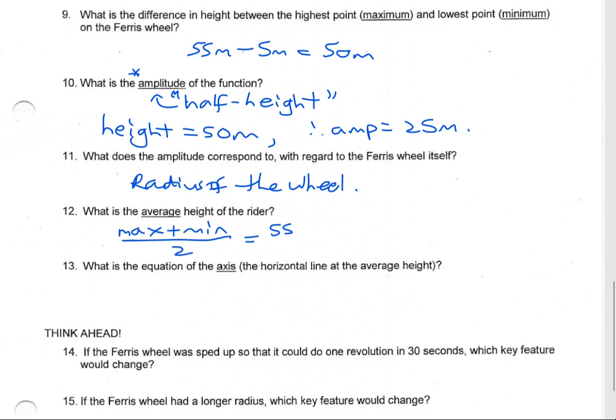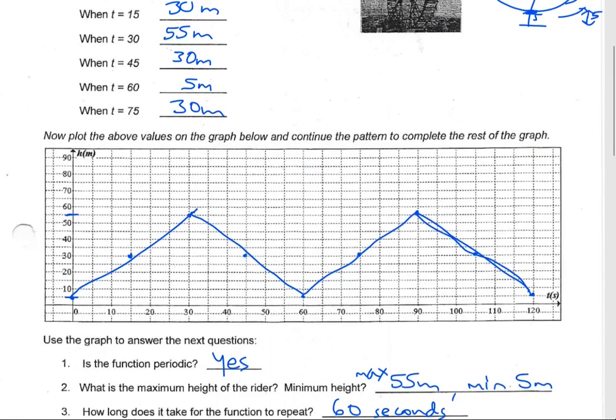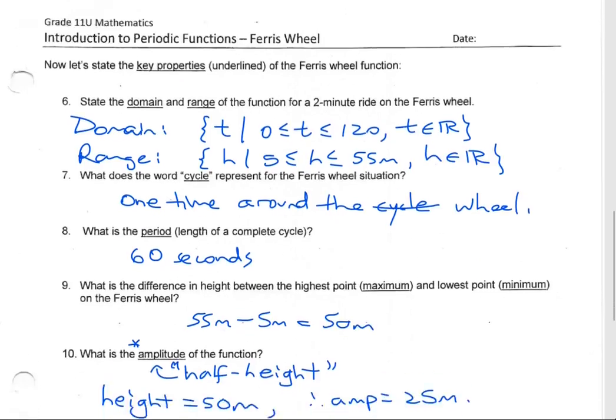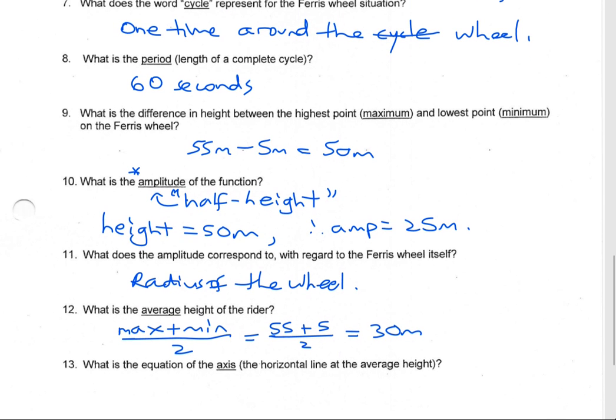So that's going to be, the maximum was 55, the minimum was 5, divided by 2. And that's going to be 60 divided by 2, which is 30 meters. And that makes sense because that's where we were. The average height is over here at 15 seconds, and at 45 seconds, that was halfway between the lowest and the highest.